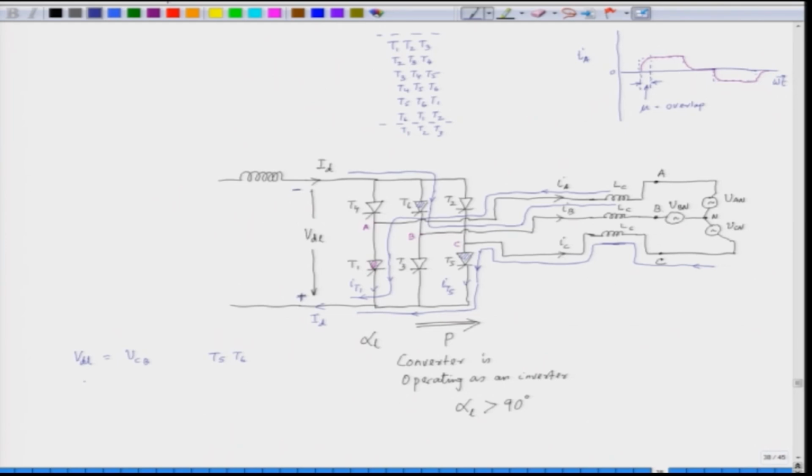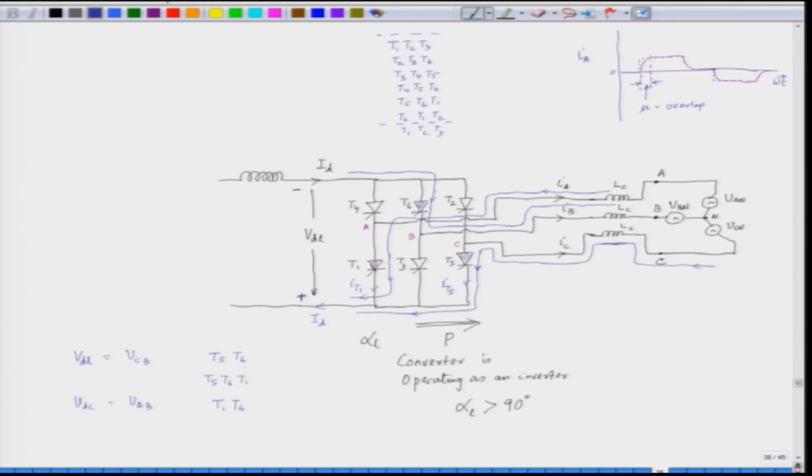Now, we are trying to change to this situation where VDL should be equal to VAB. This is fully possible when T1 and T6 are conducting. For a small time, we have the conduction of T5, T6 and T1.